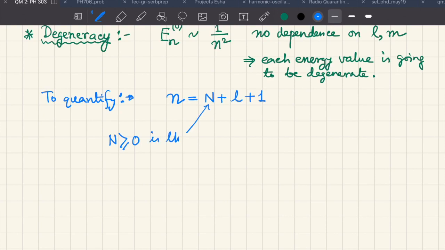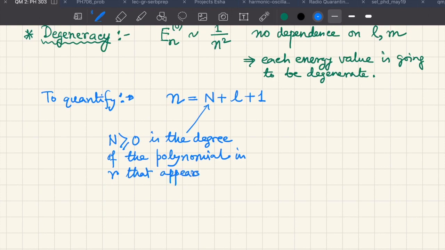It is actually the degree of the generalized Laguerre polynomial in r that appears in the wave function.